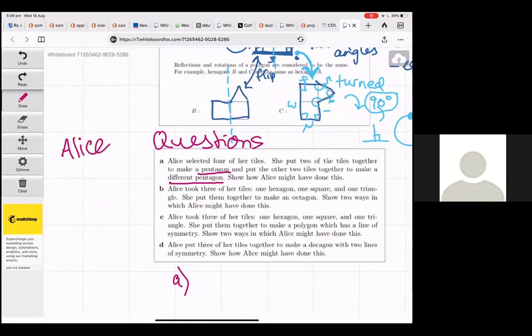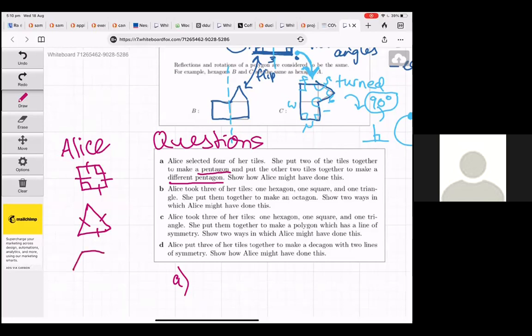So what types of tiles does Alice have again? A square and a triangle. An equilateral triangle. And there's one more.